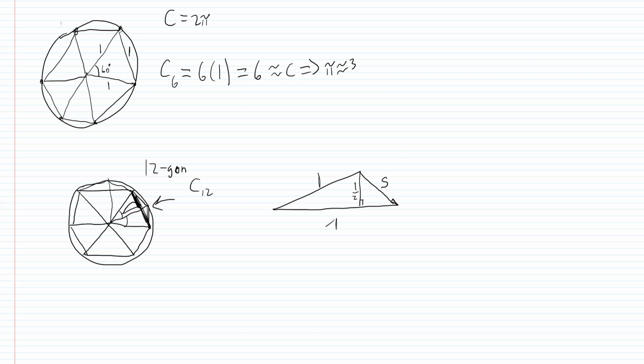Now here it's a bit unclear, but 1 is this whole length. Let's call this distance x. And so this distance is 1 minus x. So we can use this triangle here to get 1 minus x using the Pythagorean theorem.